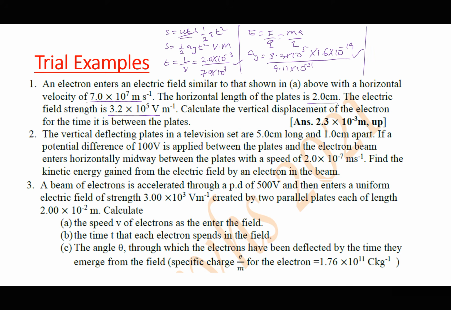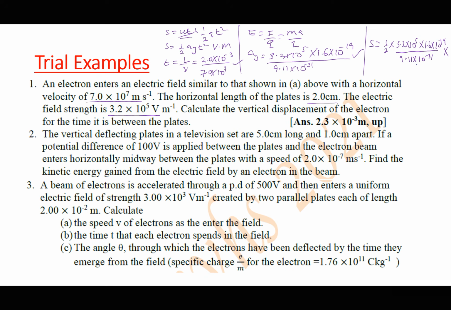So when I substitute, I'll have S being equal to a half times acceleration, which is 3.2 times 10 power 5 times 1.6 times 10 power negative 19, divided by 9.11 times 10 power negative 31.